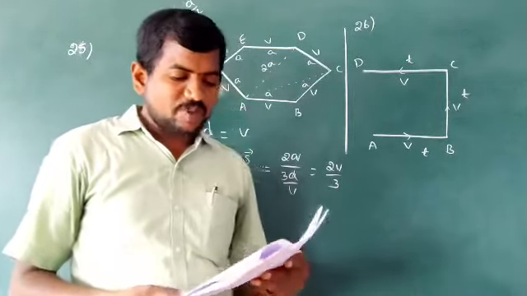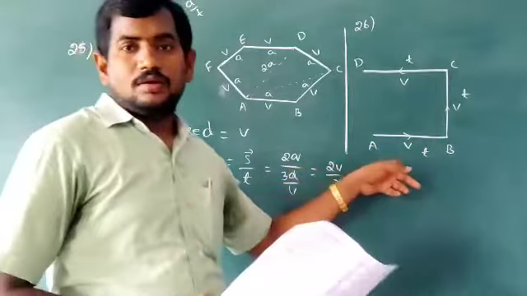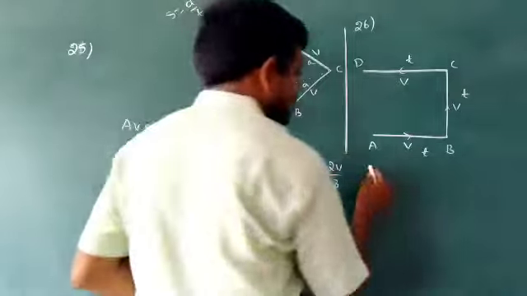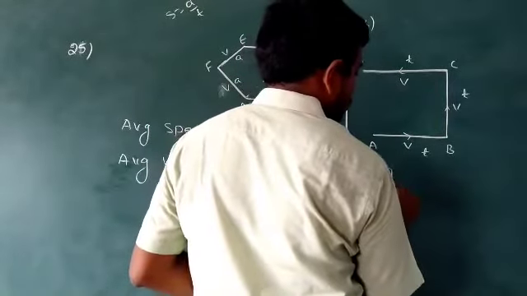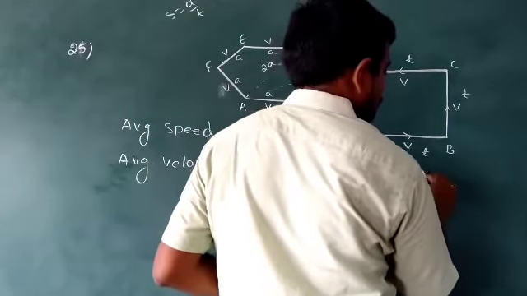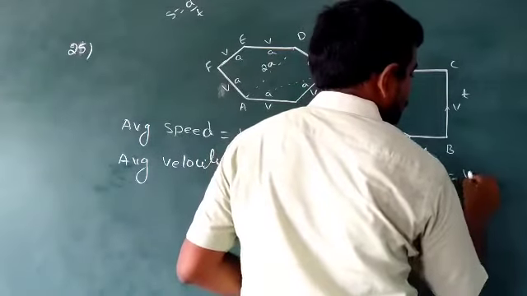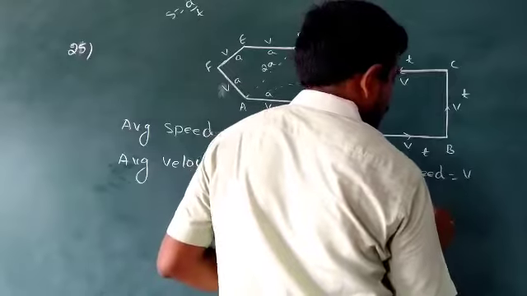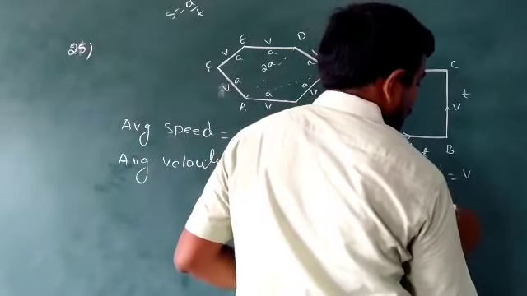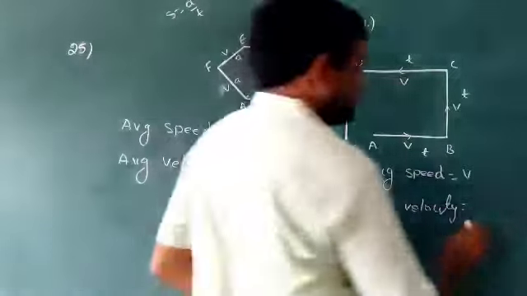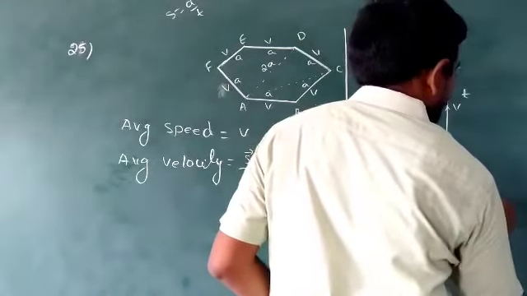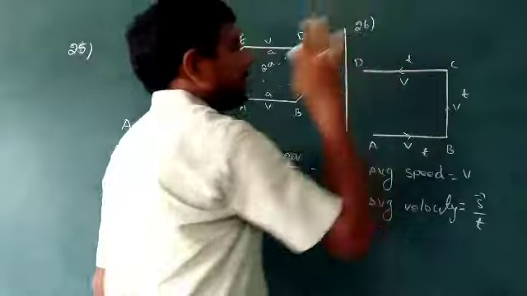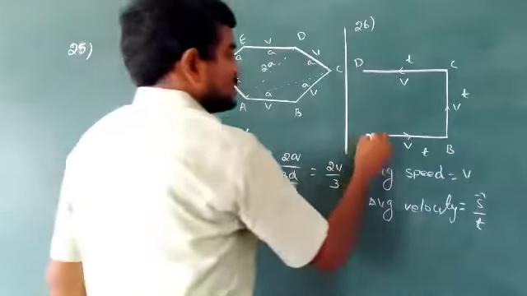Average speed again will be v only, because it is moving with the same speed, so here also average speed is equal to v. Now let us find the average velocity. Average velocity, in the sense, is net displacement by total time. The total time will be t plus t plus t, 3t. Now let us find this net displacement.